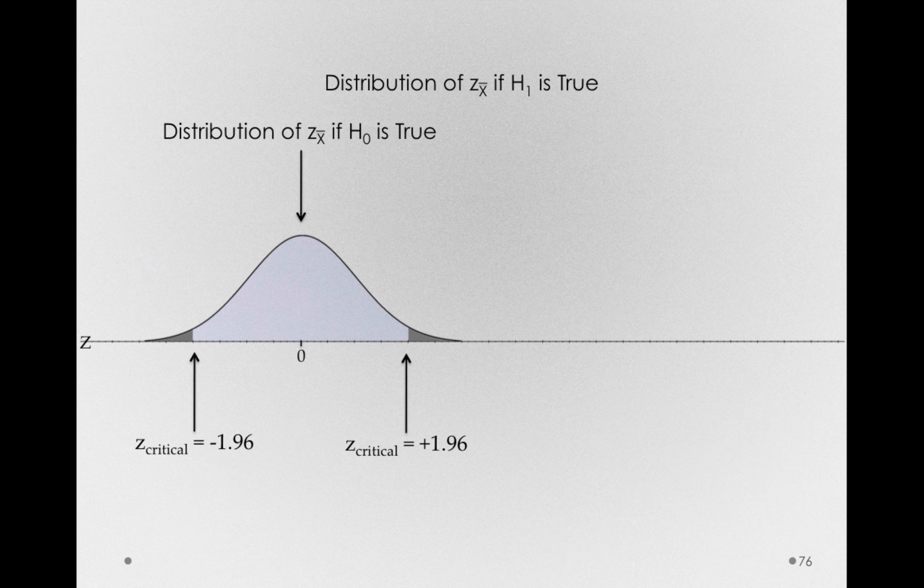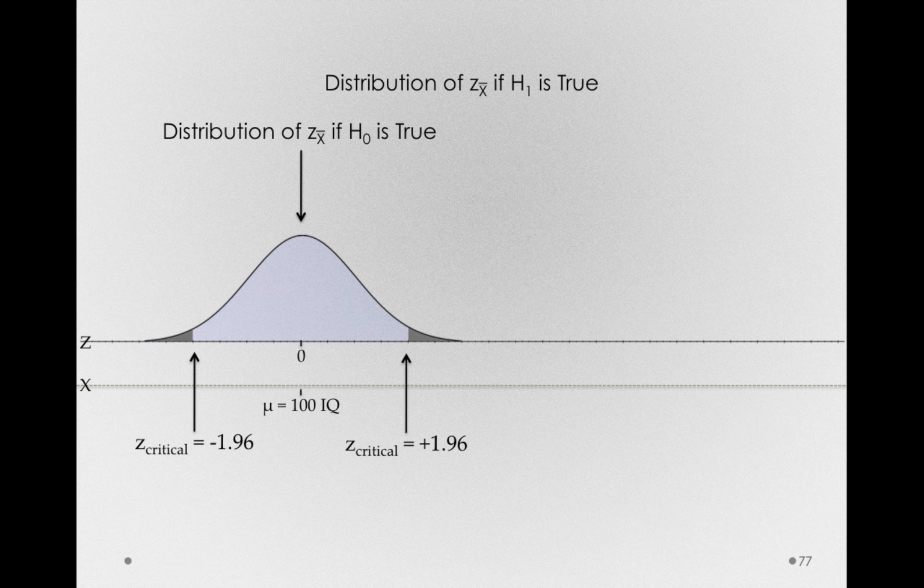So going back, if that were the actual effect in the world, what types of sample means, or specifically types of z sub x bars, would we be likely to get? Well, let's start by adding in an x-axis. So the center of the distribution of z sub x bar, if we're talking about it in x units, if the null is true, is a mean of 100. So this is what we saw before. We're likely to get sample means right around 100 if the null hypothesis is true.